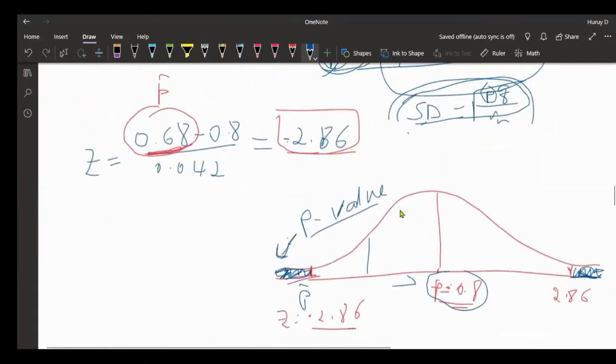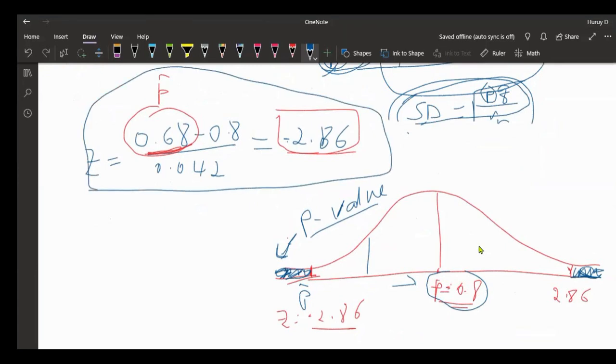Okay. Now, I hope we don't have any problem finding z value up to here. Because we have been doing this one, and hopefully you remember that. So up to this step, we found z value, and the next step is, because we want to decide whether to reject or not reject H0, I have to find p-value now.